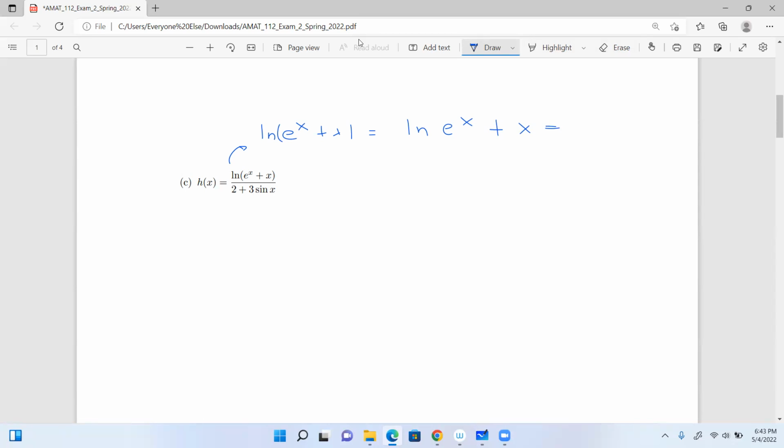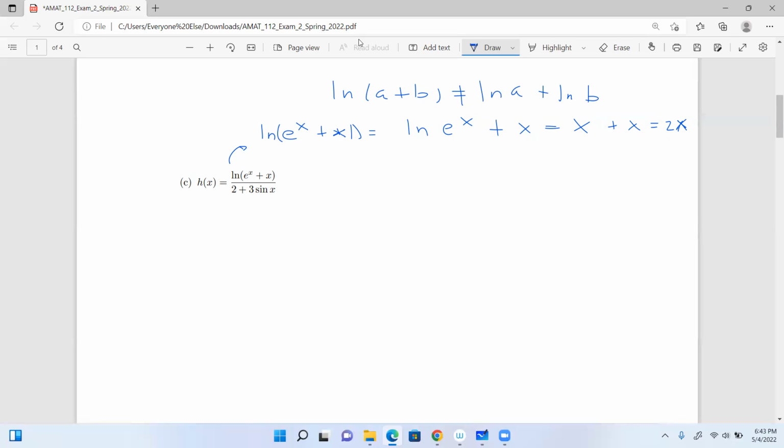Then they canceled this out to get x plus x, which would give you 2x. I saw that, or some variations of this, but you can't cancel in that way because it's not the case that ln of a plus b is, in general, equal to this. So you can't split things up like that.